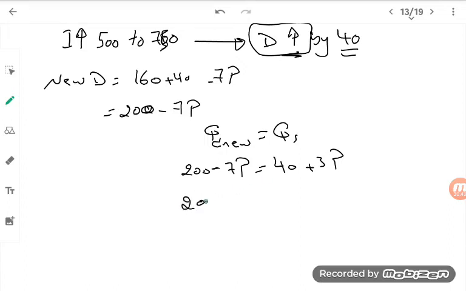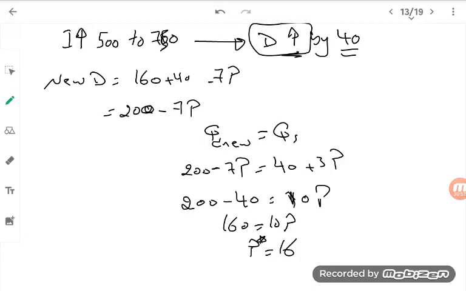So 200 minus 40 equals 10P. 160 equals 10P. So equilibrium price equals 16. We substitute in the new demand function or the supply function.